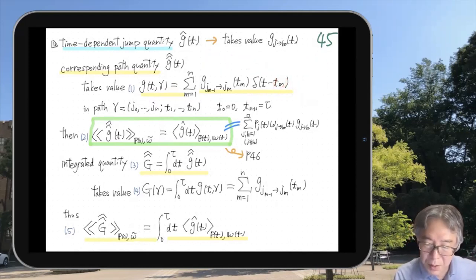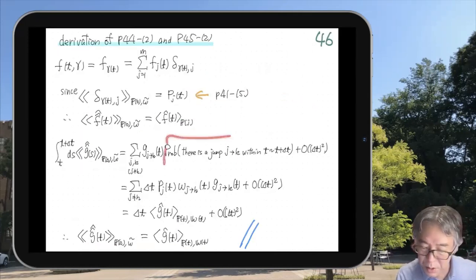And basically, if the time interval is very small, we can neglect the possibility that two of the Tm's are in this time interval. So the integral of the delta function is either 1 or 0. And when it is 1, we pick up this, and we further take the expectation value. Then what we get is this probability.